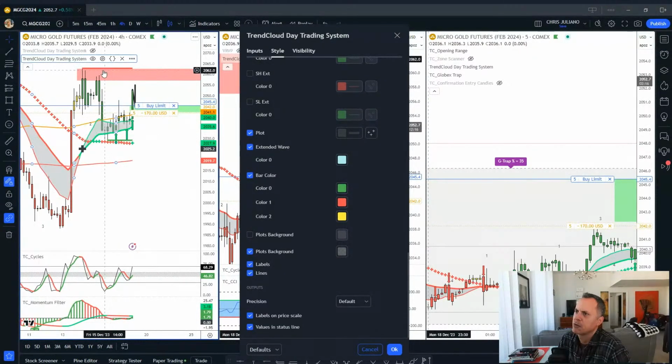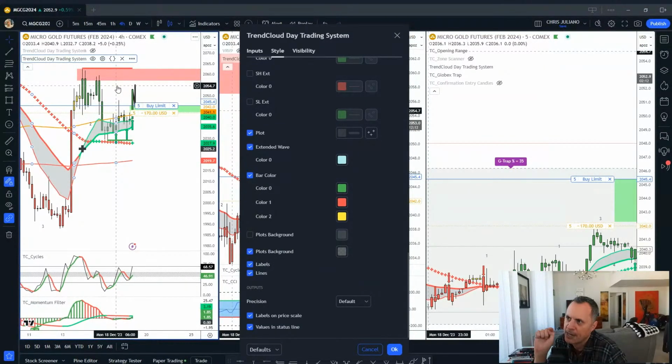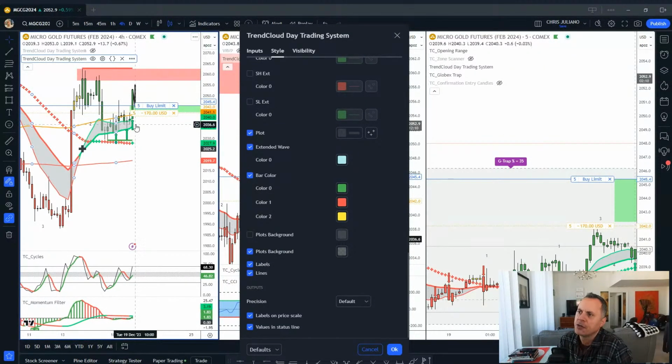And it gives you the swing high and the swing low, and you can see it right here. There's your swing low, green line. There's your swing high, red line. As if to say demand and supply.